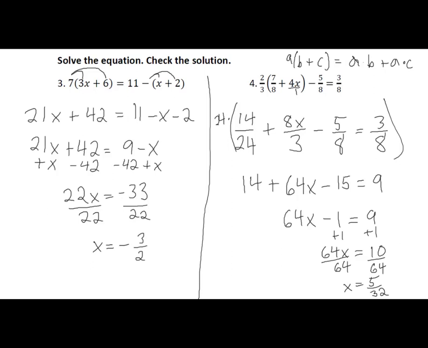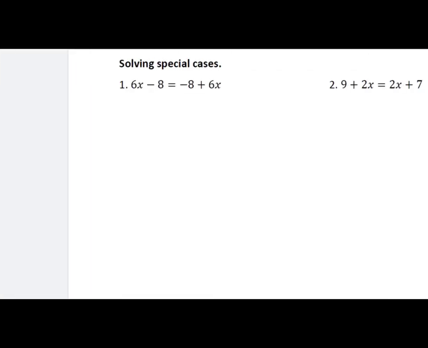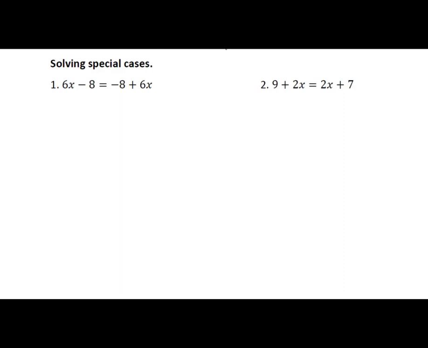Let's look at our last example for today. Here are some special cases. Now, at first glance, they look very similar to all the problems we have, but something unusual happens when we go through the process of solving them. So let's look at 6x minus 8 equals negative 8 plus 6x.